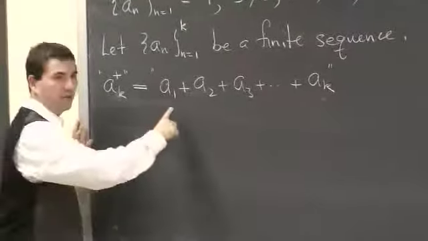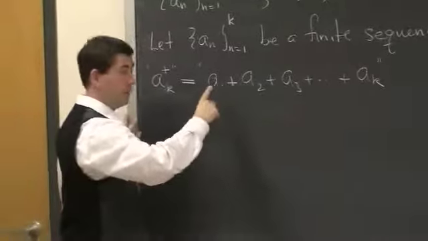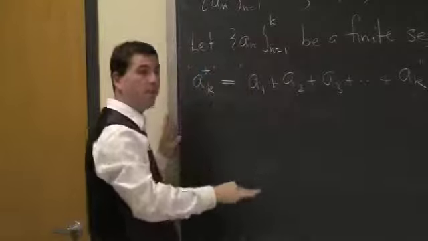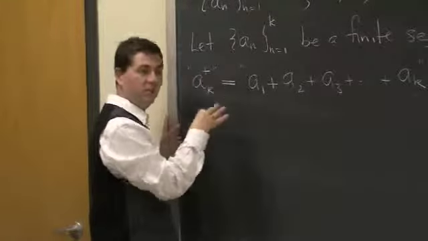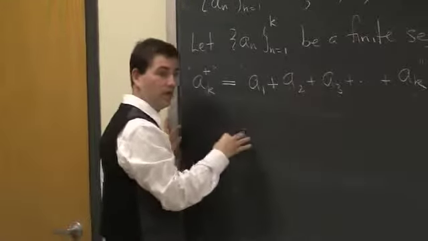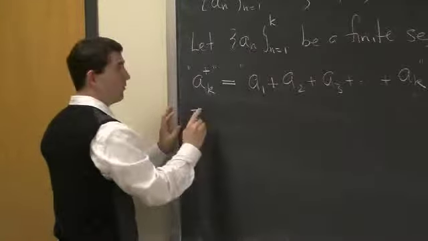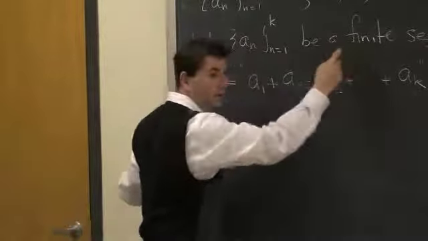I want to call this a series, when I have quotes around it, when I actually want this like this. When it's the sum of all of the terms in a sequence, I'm going to call it a series. And so far we're only doing this for finite sequences.